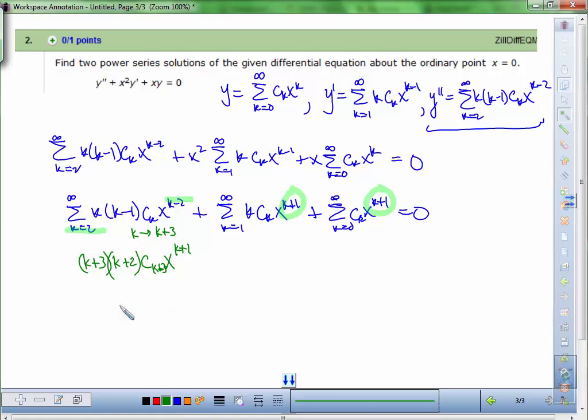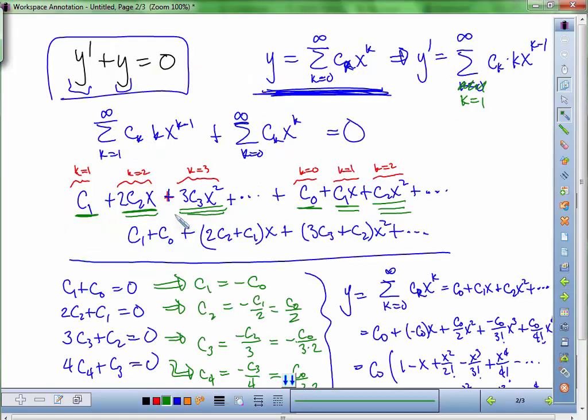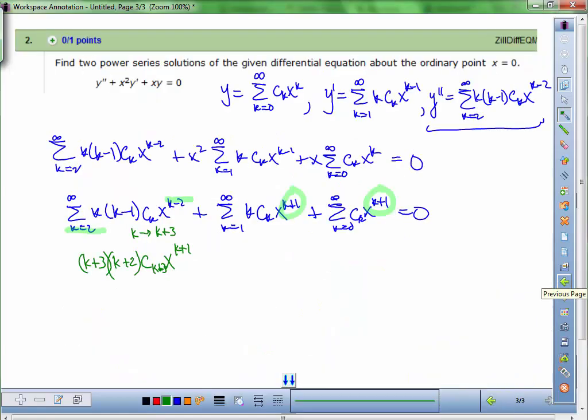You want the powers to match, because the main idea here is combining like terms, and your like terms are with x's. So you want the powers to match.